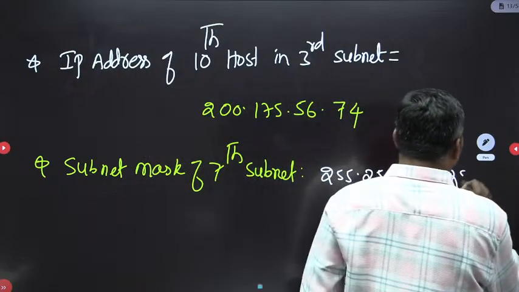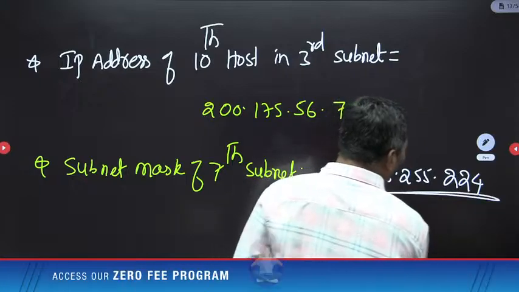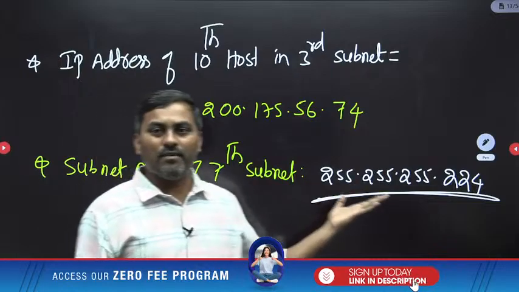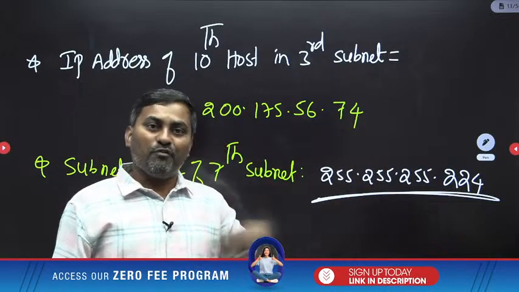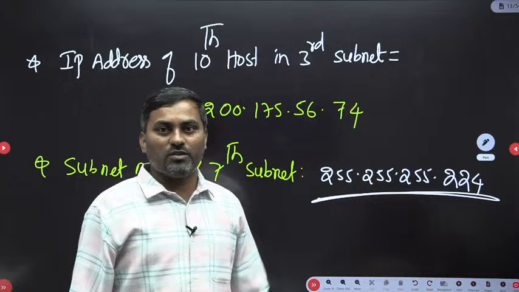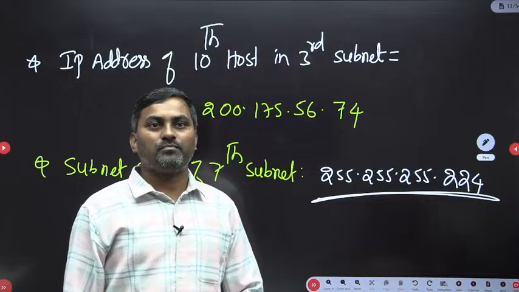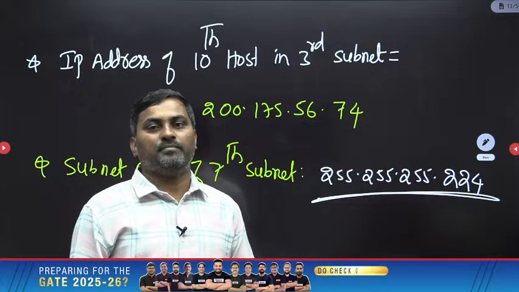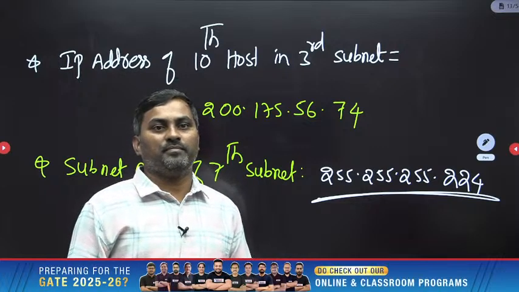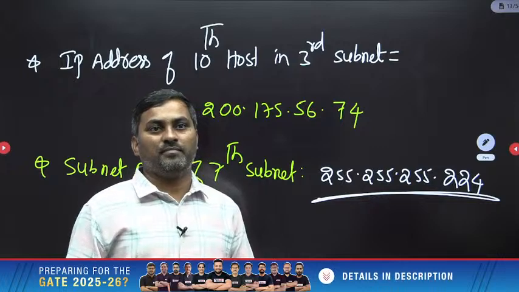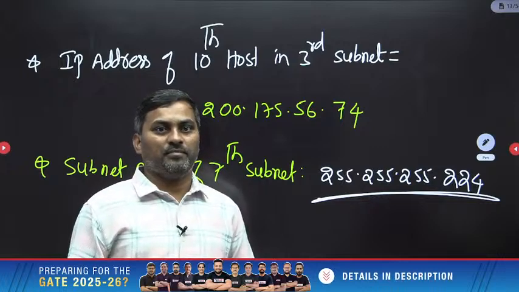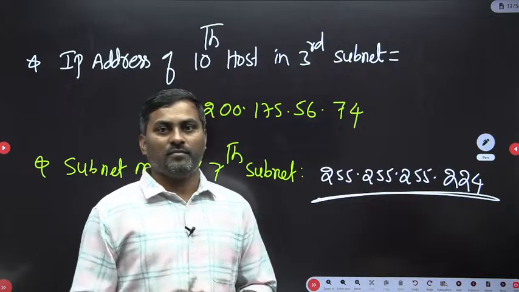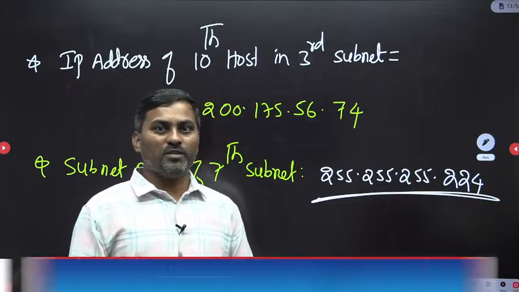So those 3 high bits are nothing but 224, correct or not? 224. Subnet mask is easy because sizes are the same. Every subnet has the same mask, only a single mask we are using. I hope this is clear now.